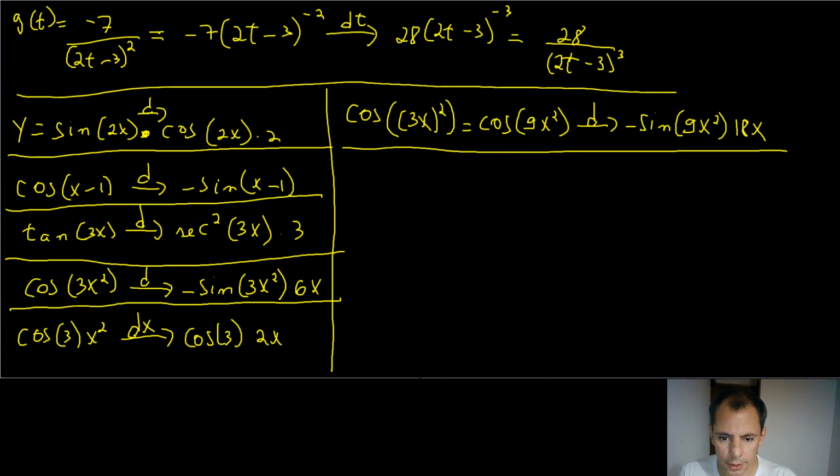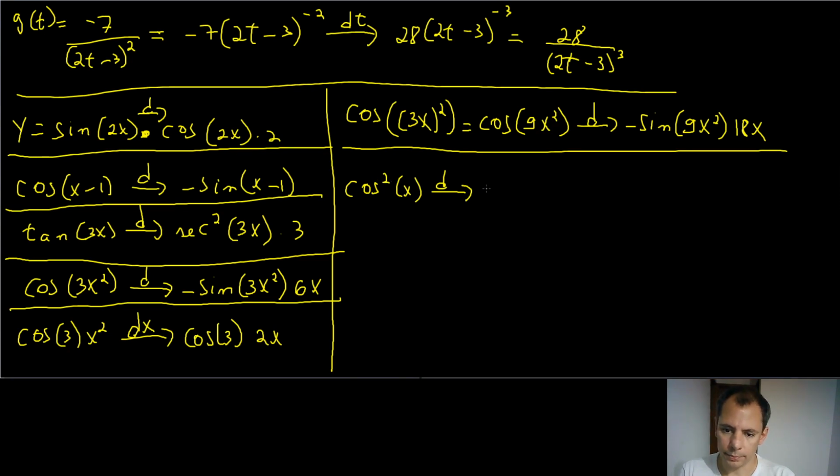Let me think here. Cosine squared of x. Differentiating. So we have three functions here. The squared of something is the outer function. The cosine is the middle function, and the x is the inner function. So we're going to do this.